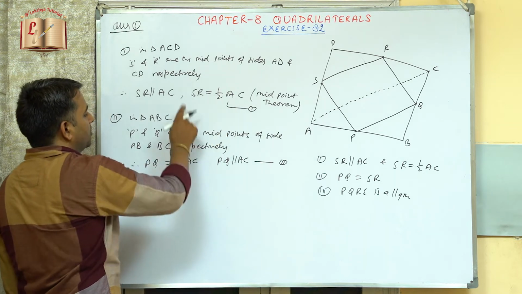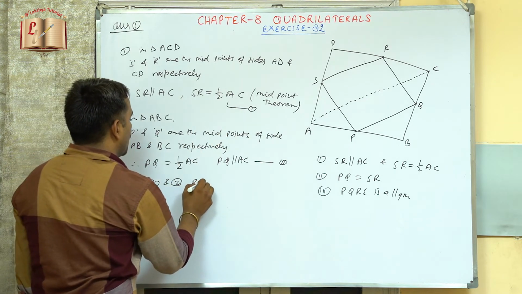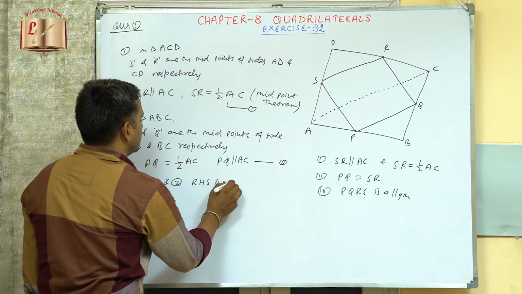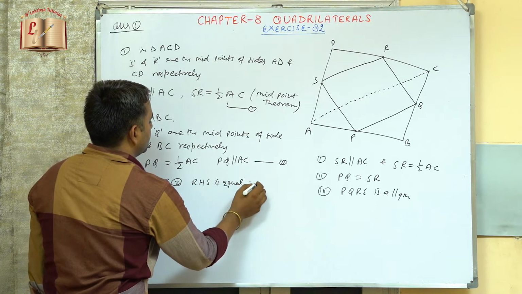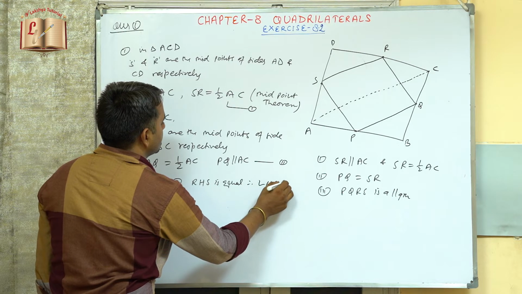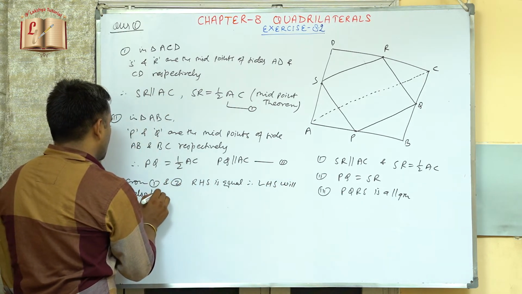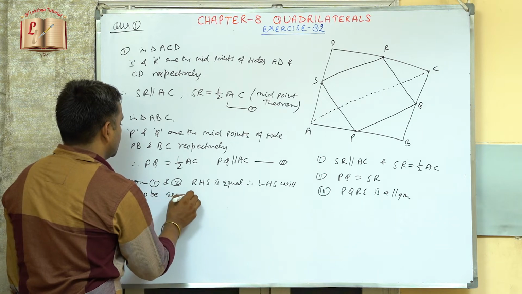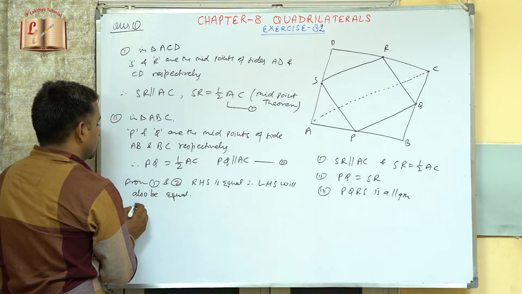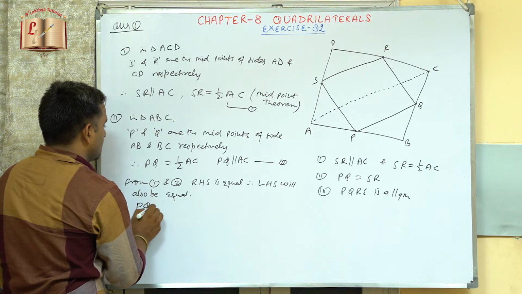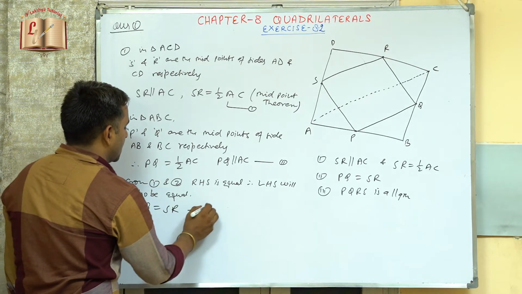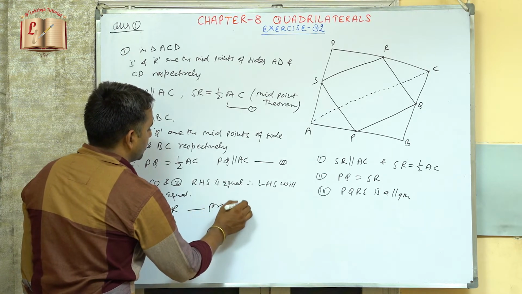The right-hand side is equal, so the left-hand side will also be equal. So we got PQ is equal to SR. So this is also proved.